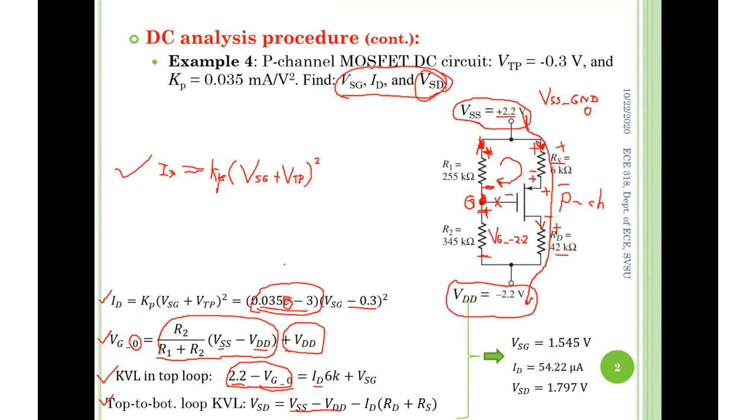So this equals what? 0.035 times 10 to the negative 3. Or also equals what? 0.035 milli. Same meaning. This is E negative 3.